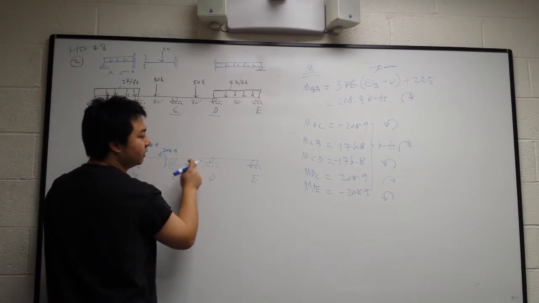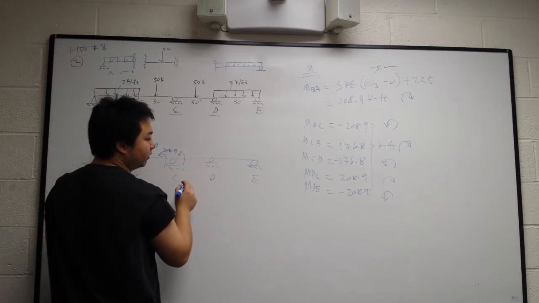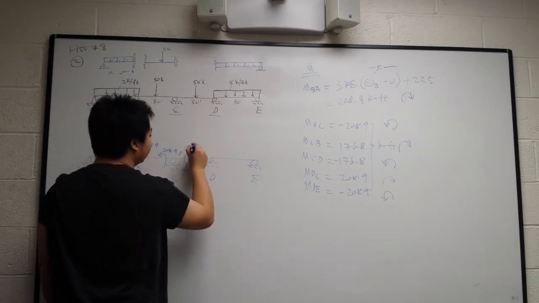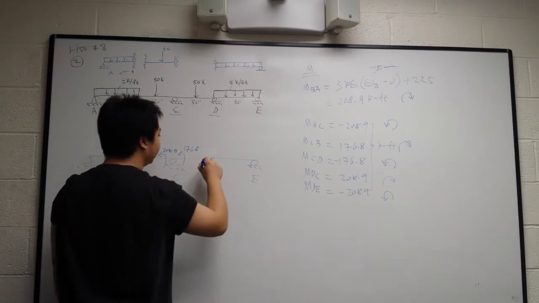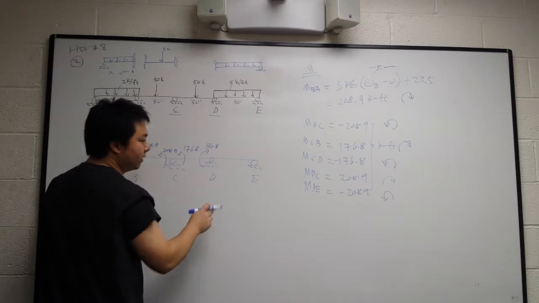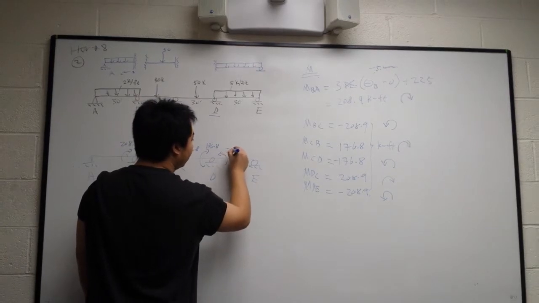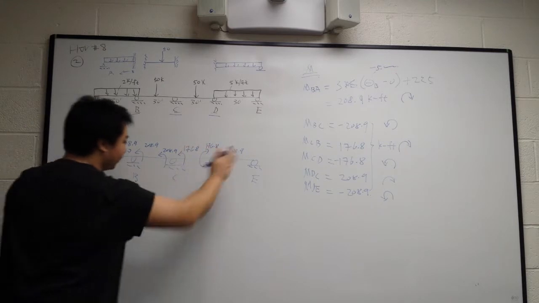C to D, negative, so it's going to be 176.8. And D to C is positive, so it's this way, 176.8. And for D to E, this way, 208.9. Now we have all the numbers.